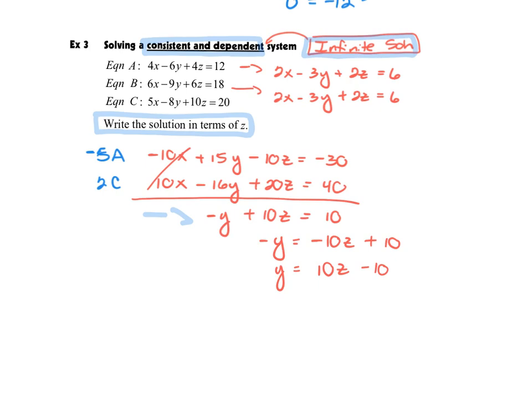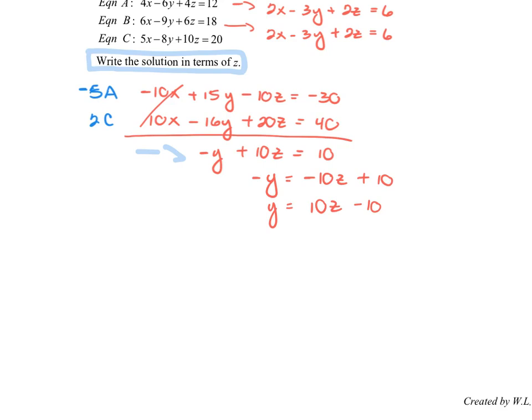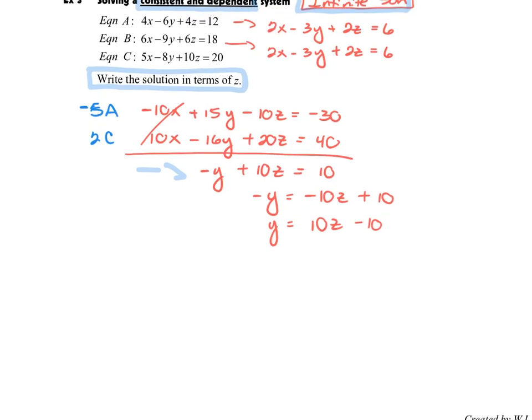This is the part that's usually confusing for students. The next thing that we're going to do is take this y, in terms of z, and substitute it into one of our other equations.